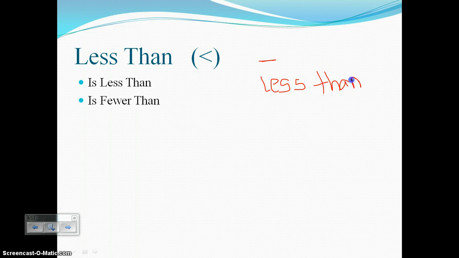The way that you know if it's subtraction or a less than sign is the word is. If it has is, it's a less than sign. If it does not contain is, like if there's no is in front of this less than, then it means to subtract. That is how you can tell the difference between the two.